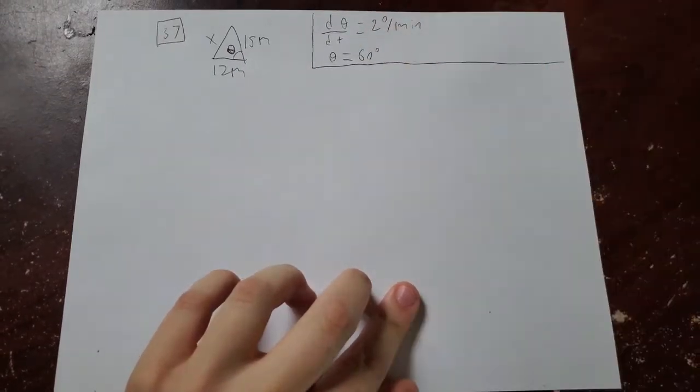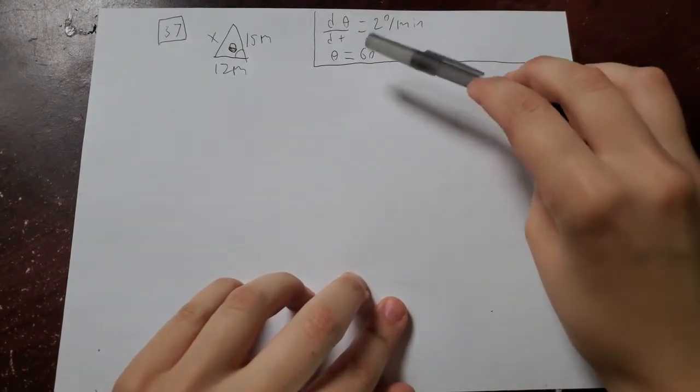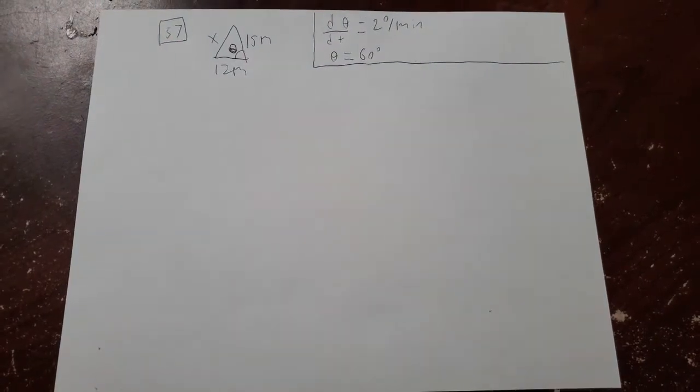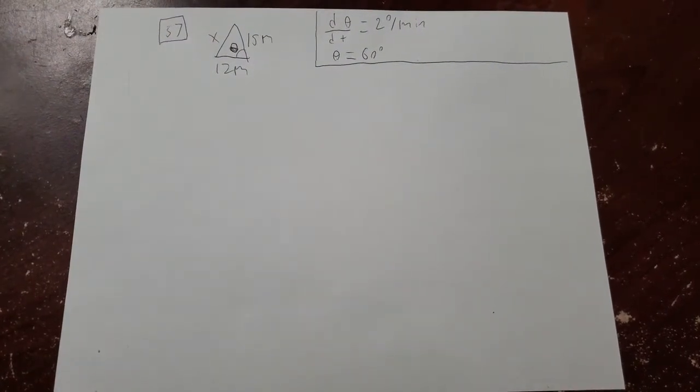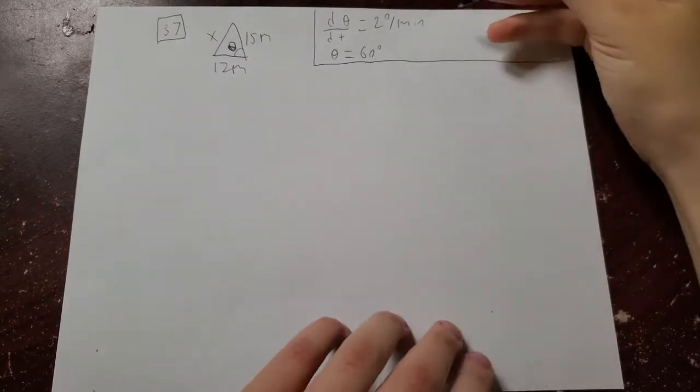So what we're solving for is when theta is 60 degrees and theta is changing at 2 degrees per minute, how will that impact our x and at what rate will that be changing? That's what we're solving for. And so our unknown then is dx dt.